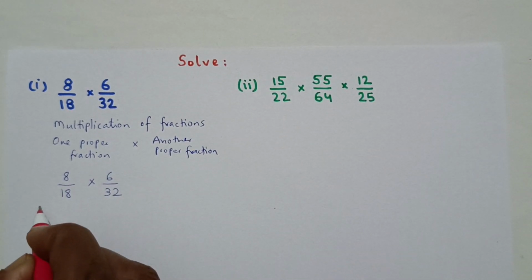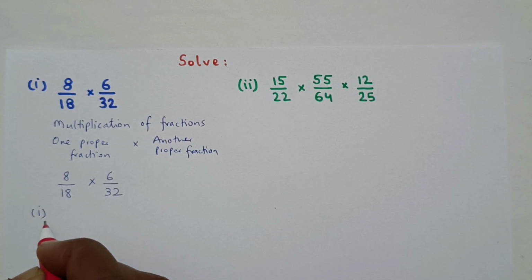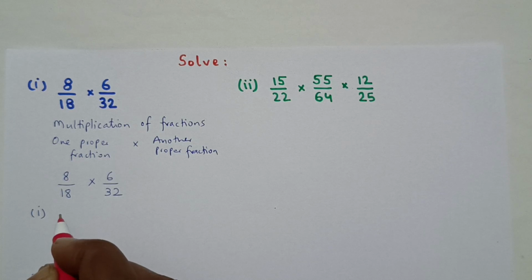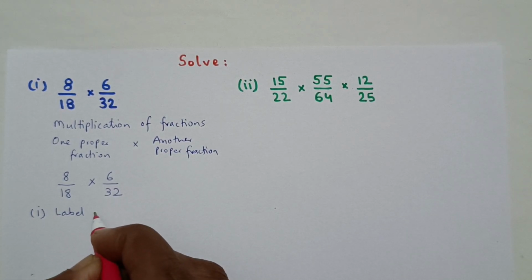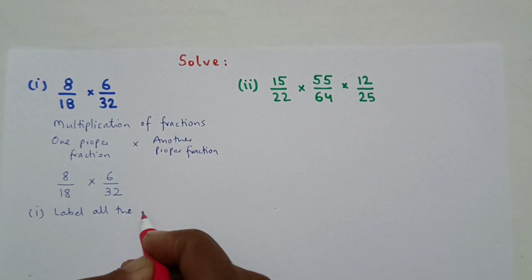So step number 1 is label all the numerators separately and label all the denominators separately.